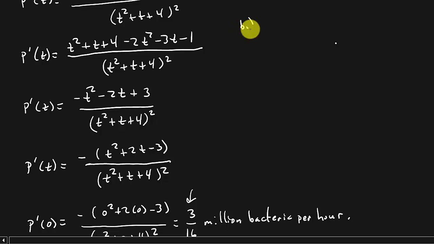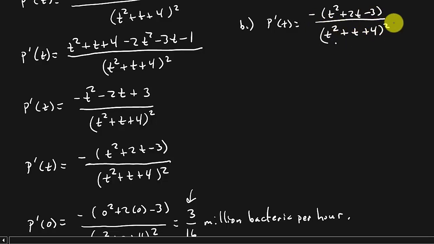So we've got P prime of t is equal to negative, and that's going to be t squared plus 2t minus 3 over t squared plus t plus 4 squared.